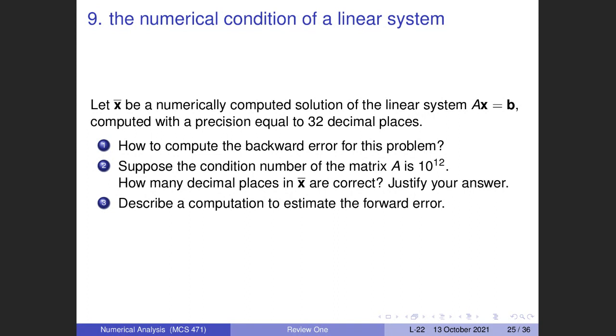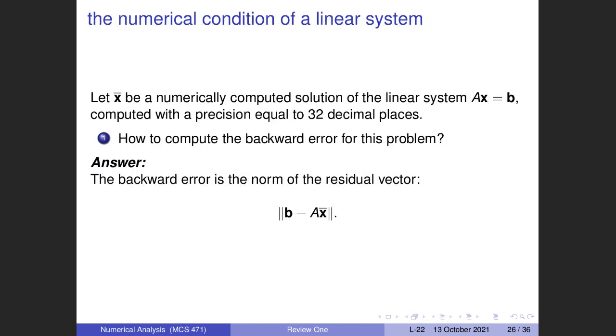Now, suppose somebody tells you that you have computed with 32 decimal places, but the condition number is 10 to the power 12. How many of those 32 decimal places can you be sure are correct? And how do you estimate the forward error using that justification?